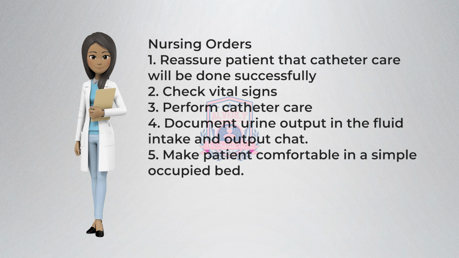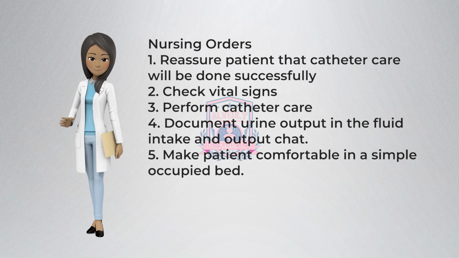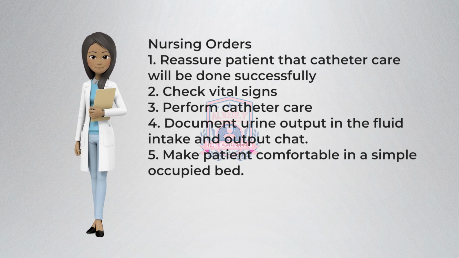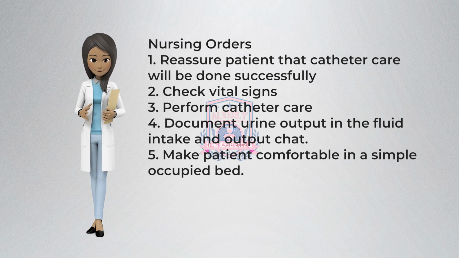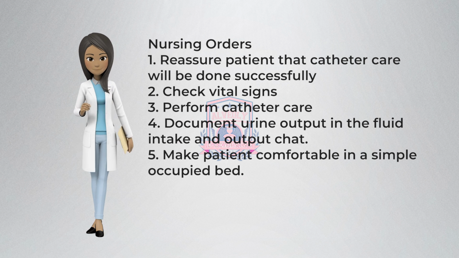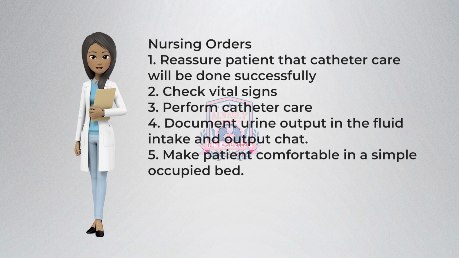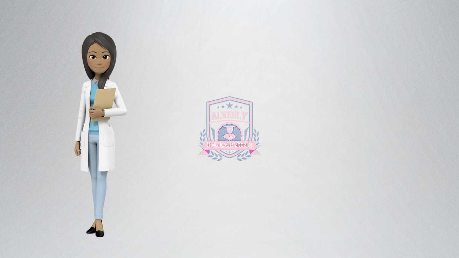Nursing orders. 1. Reassure patient that catheter care will be done successfully. 2. Check vital signs. 3. Perform catheter care. 4. Document urine output in the fluid intake and output chart. 5. Make patient comfortable in a simple occupied bed.